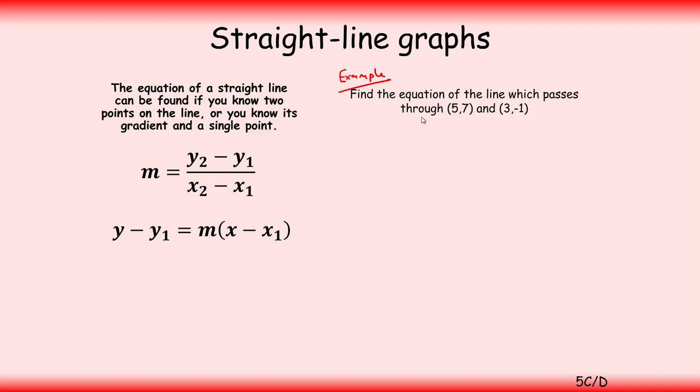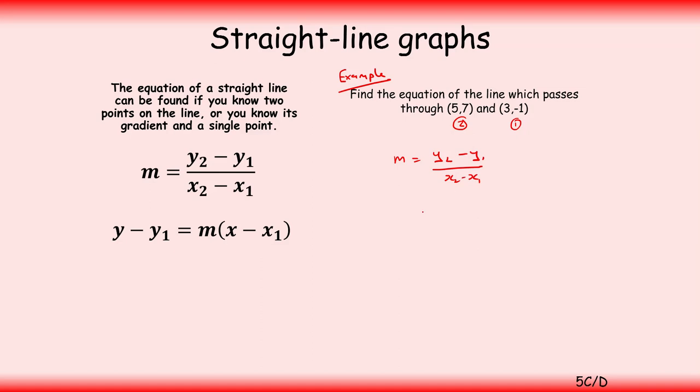Well, if I use this formula here, I can find the gradient. So taking these 2 points, just to be different this time, we'll call this point 2 and this one point 1. So m is given by y2 minus y1 over x2 minus x1.